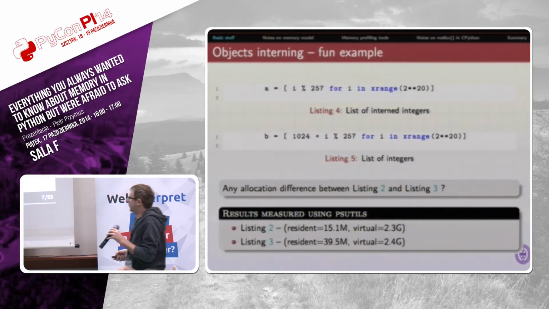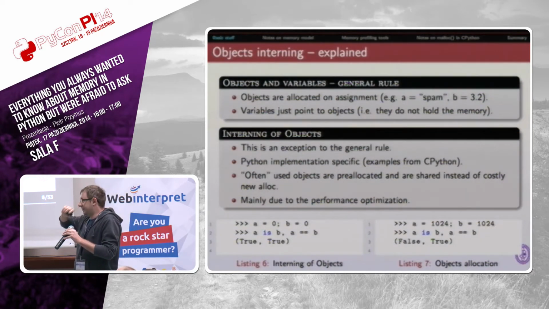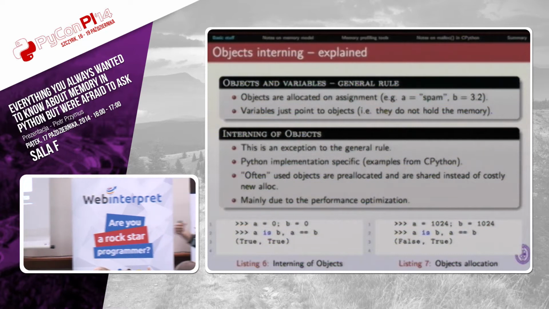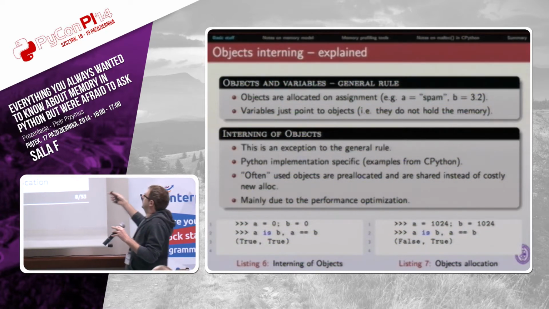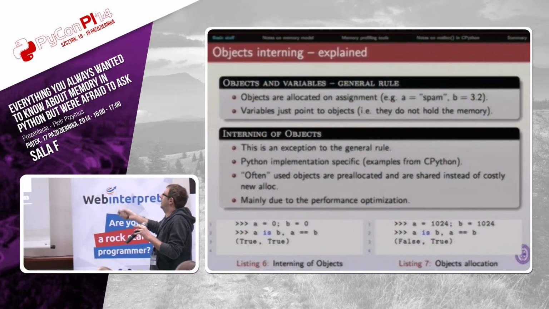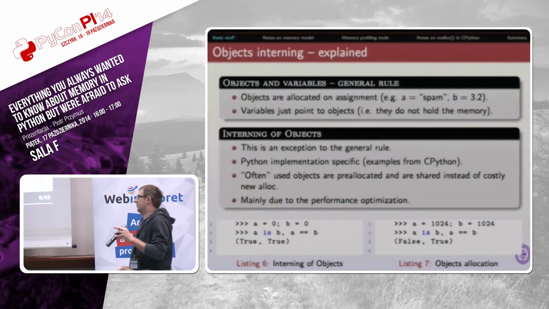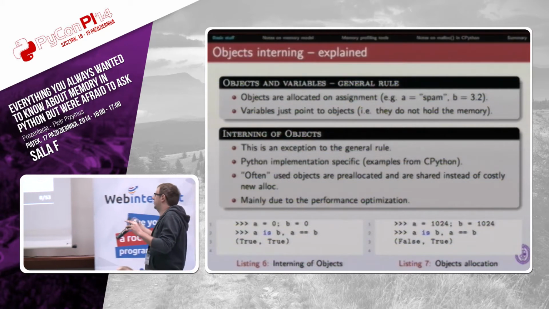Let's talk about what actually happened here. Normally in Python there's a general rule that when you create an object and assign it to a variable, this variable just points to this object. So each time you do something like this, an object is created.